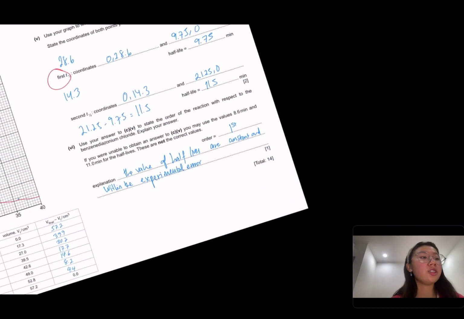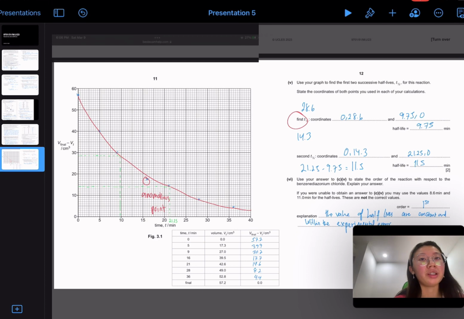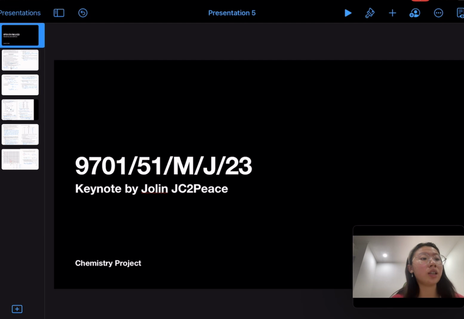Alright, we have reached the end of this question and also the end of the paper. Again, I feel like this paper is less intense, because it is divided into 3 sections instead of 2 sections, and it also feels like they are less wordy.